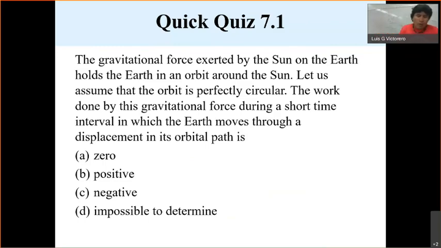So that one requires you to think about it. I'm gonna show you guys a picture so you can see what that means. Right? So you have the sun at the center, and you have the Earth orbiting the sun in an almost circular fashion.